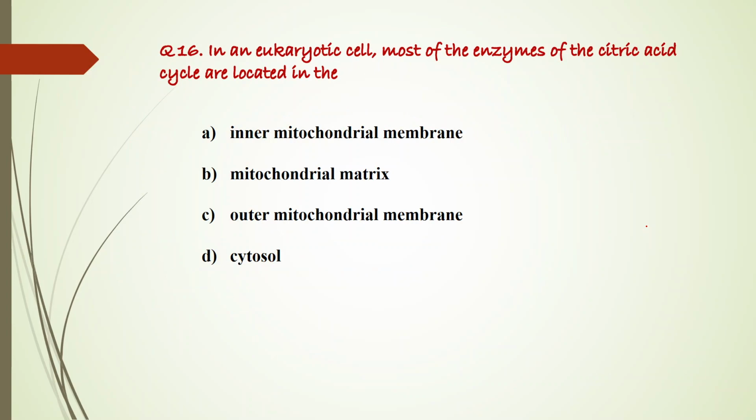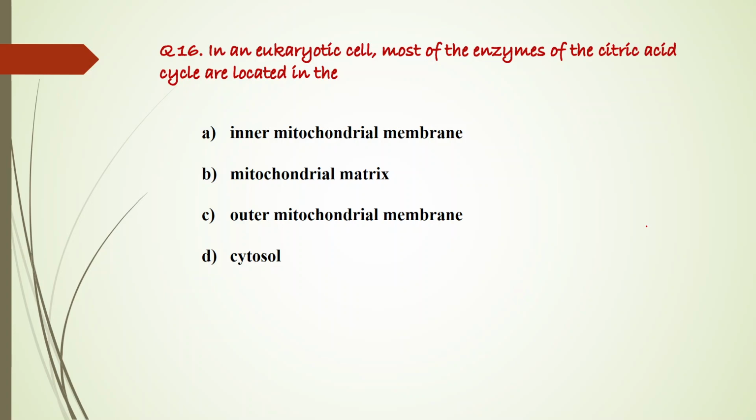It says in a eukaryotic cell, most of the enzymes of the citric acid cycle are located in what? So we just said that the glycolysis process occurs in the cytosol of the cells, but the Krebs cycle or the TCA cycle occurs within the mitochondria.